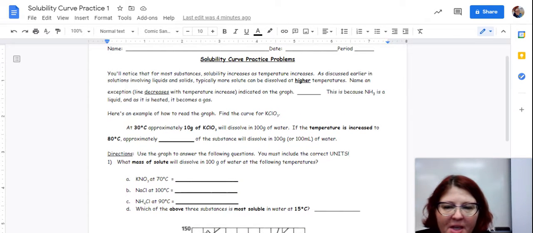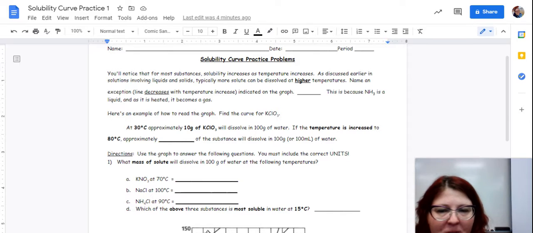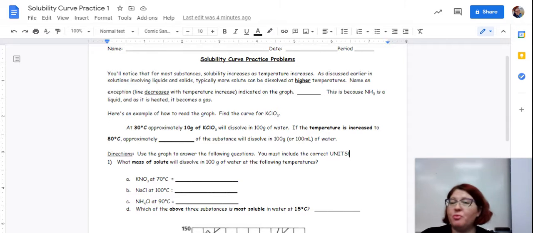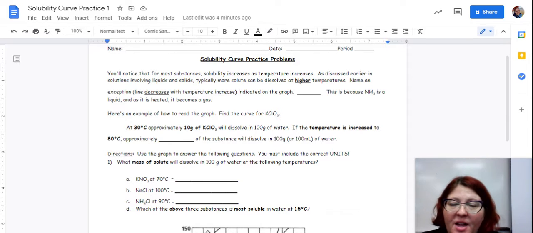You'll notice it says that for most substances, solubility increases as temperature increases. You probably noticed that if you worked on the activity on Thursday. When you increase the temperature of water, you can dissolve more stuff in it. That's like what we were talking about with the difference between sweet tea and unsweet tea.